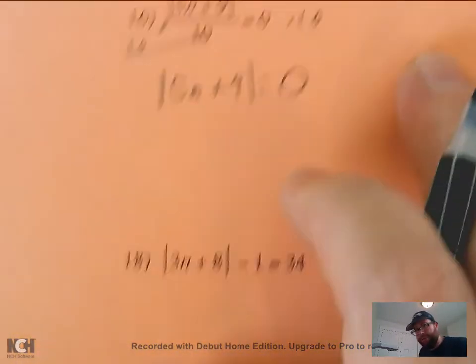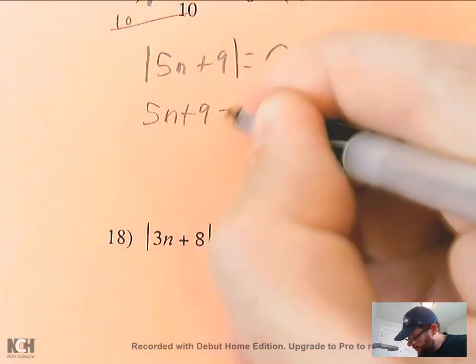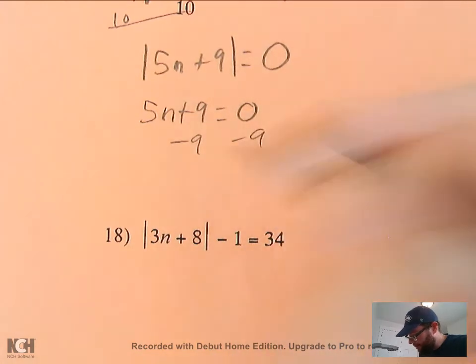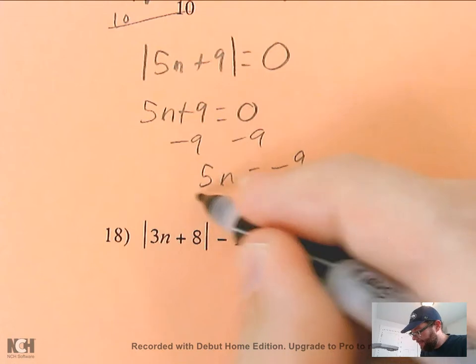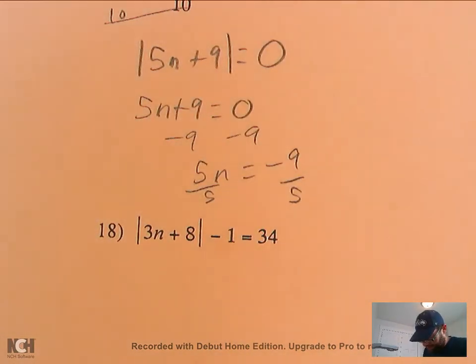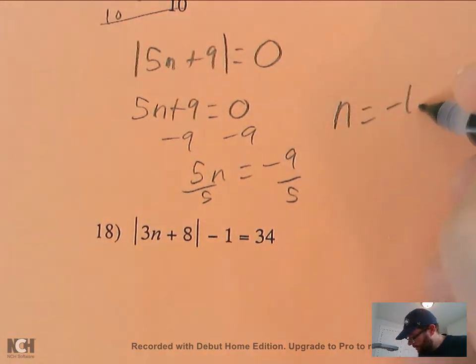You just drop the absolute value and solve the one equation that's there. So 5n plus 9 is equal to 0. So you'd minus 9, this is going to be a decimal, everybody's favorite. Negative 9, so then you divide by 5. And negative 9 divided by 5 is negative 1.8.